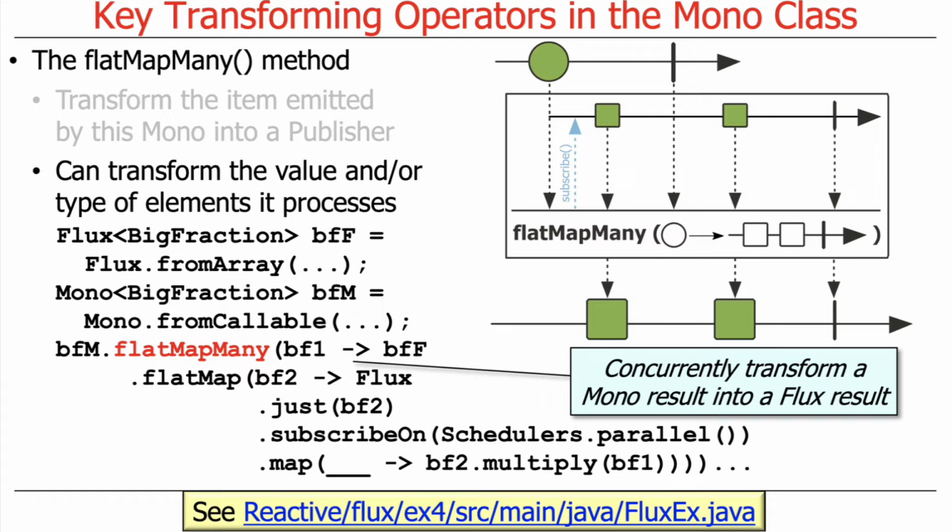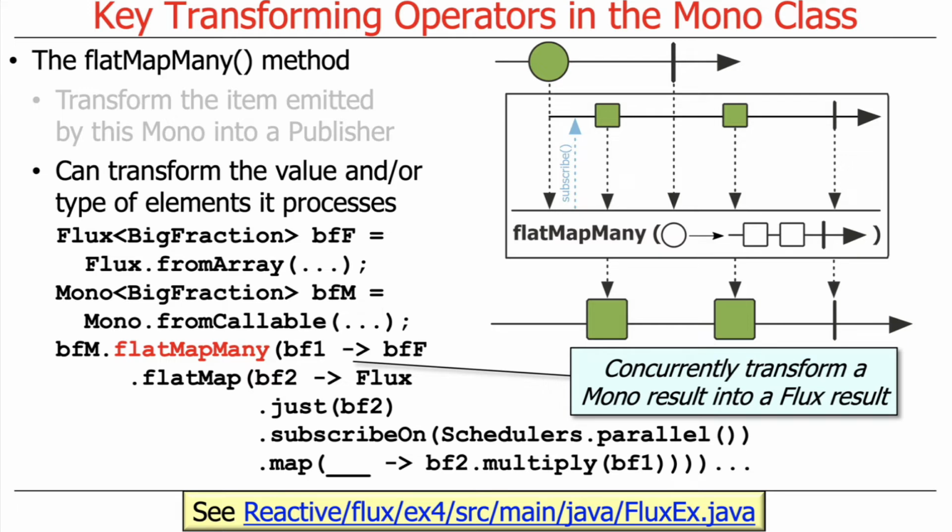So what we're saying here is, when the big fraction mono, which we got from the callable, completes, we're going to use flatMapMany to take that big fraction that came back from the callable, and then take the flux that came back from the array when it completes.